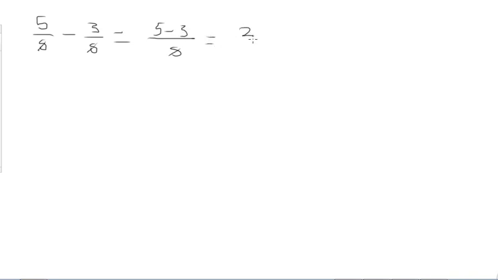And this gives us 2 over 8. Am I right? And this can be simplified. One number can go into 2 and 8 without leaving a remainder: 2. So 2 into 2 is 1 over 2 into 8 is 4. Just as simple as addition. Nothing complicated about it. Nothing so special about subtraction.